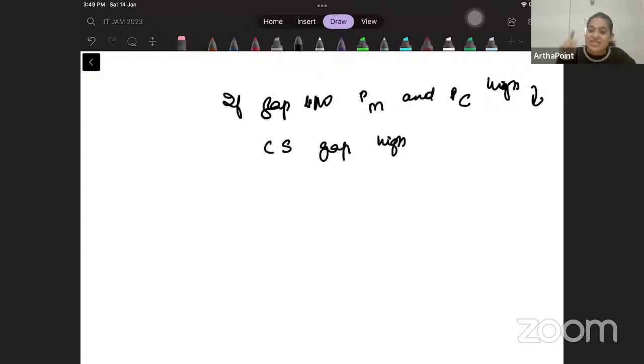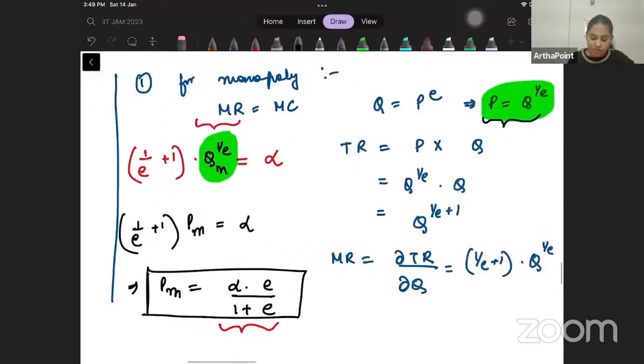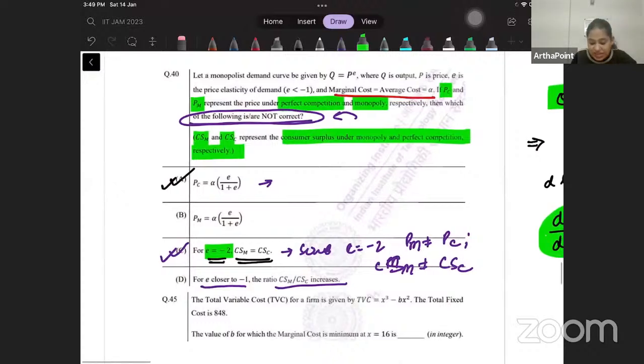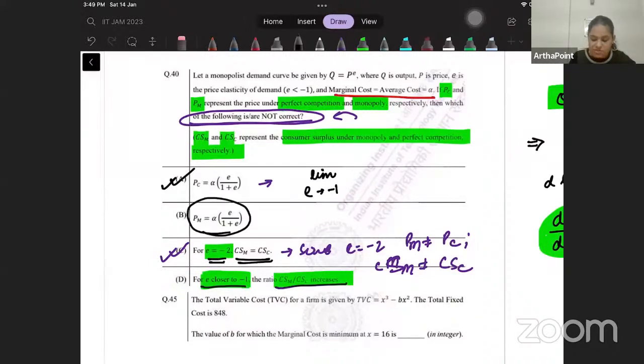If the consumer surplus gap is high, the ratio between the two consumer surpluses will be high. Now, if I go back and check here, the fourth statement says, as E is closer to -1, this ratio will increase. Let me take a limit and tend E to -1 for this price.